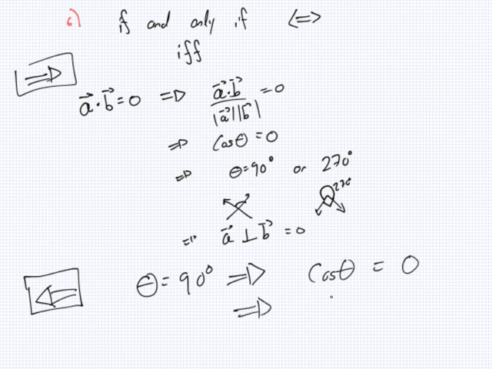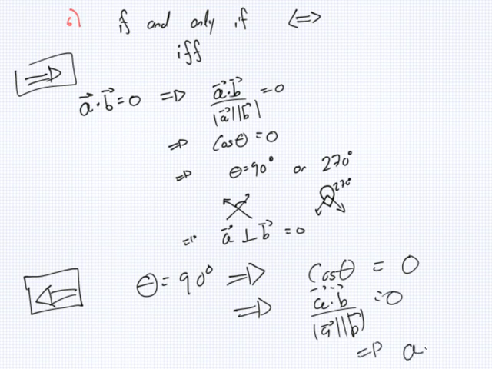So that means A dot B over magnitude A magnitude B is 0. Which, as long as these aren't 0, which they're not, I can say A dot B must be 0 then. So we have the if and only if, meaning if their dot is 0, they're right angles. If they're right angles, then their dot is 0. We can go both directions.